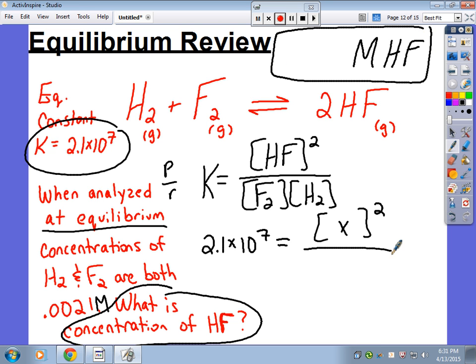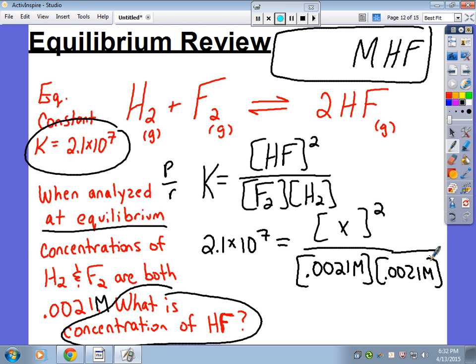Now, what do they tell me? Well, they tell me the molarity, don't they? They tell me the molarity for H2 and F2 are exactly the same. So I'm going to put 0.021 here, molar. If you don't write molar, you can. Okay? And so when I solve that and actually get a value, how do I do that? Let's go ahead and solve this math-wise.